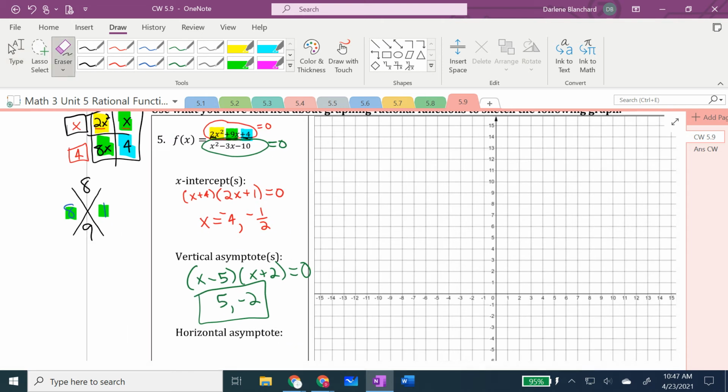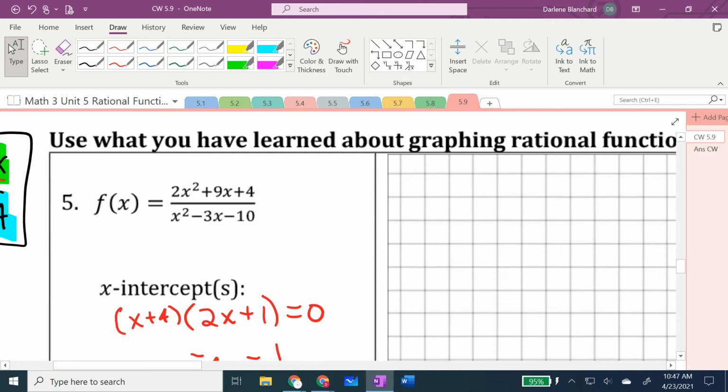And then horizontal asymptote, the newbie. Do the degrees match on the two polynomials? And you say, yes, yes they do. What are the leading coefficients?